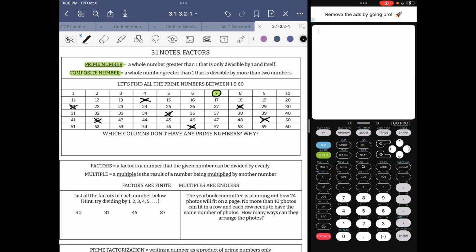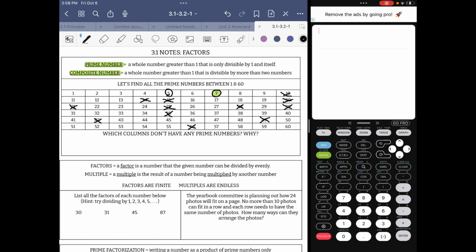And then I'm going to circle another prime number that I know of. Well, I know that nothing goes into 5. So I'm going to cross out 10, 15, 20, 25, 30.